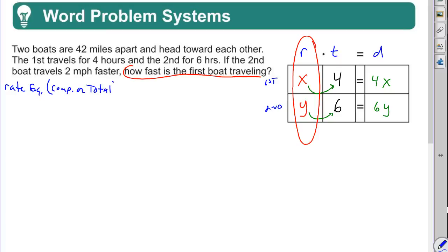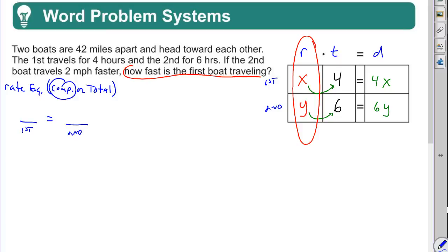You have to figure out which, and the problem will tell you. If the second boat travels 2 miles an hour faster, is faster a total or a comparison? It's a comparison.